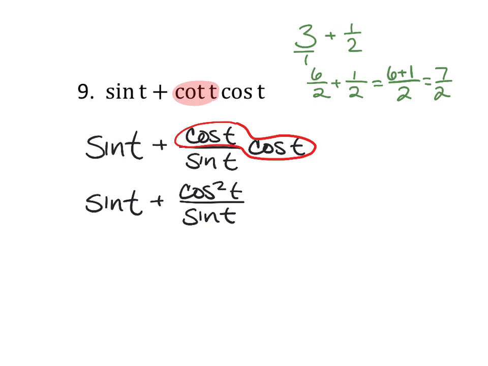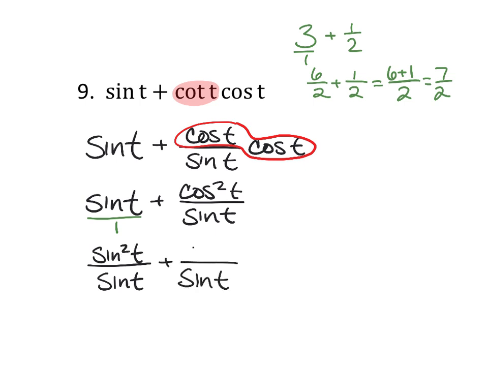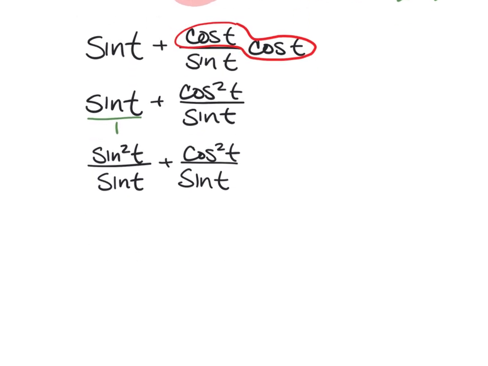We need to do that, but with these trig functions. So right now, the denominator of this sine of t is 1. What should it be so they have a common denominator? If I make it sine of t, what do I have to multiply the top by? Sine of t. So it's actually sine squared of t. Now they have a common denominator, and I can write them with just one denominator.